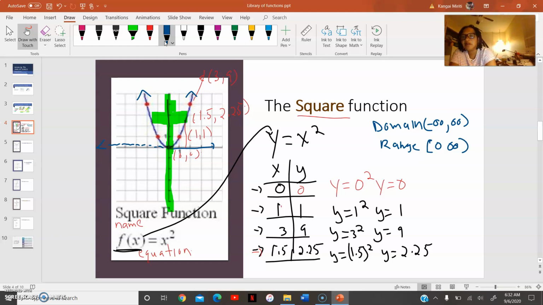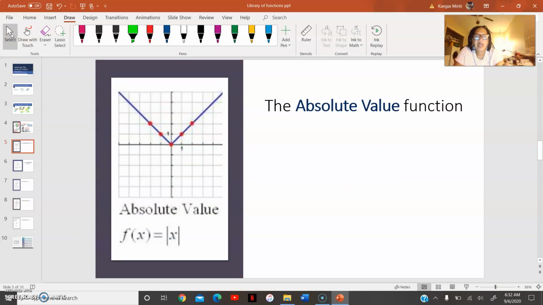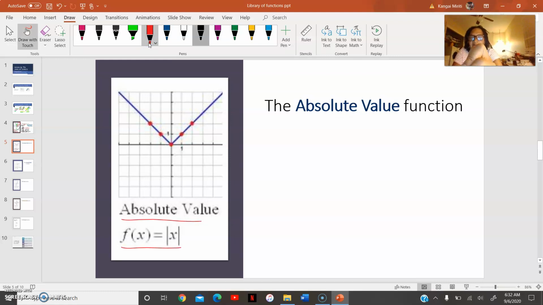So let's look at another function in the library of functions. Another one is called the absolute value function. Here is the name. There is the equation. If I write the equation with y's and x's, it's the same as y equals the absolute value of x. And let's find some points on this graph.